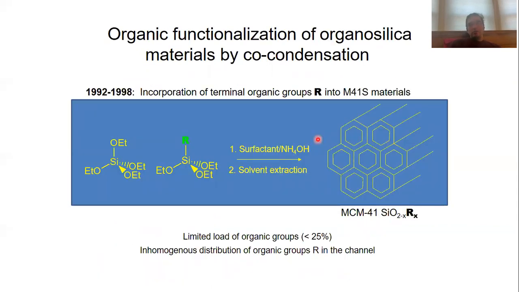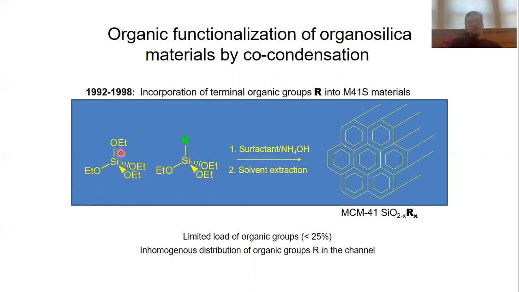Okay, another way to functionalize mesoporous silica with organic groups is to polycondense purely inorganic precursors, such as tetraethoxysilane, with organotriethoxysilanes.